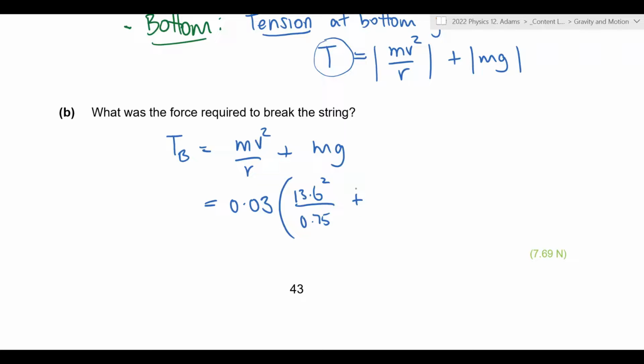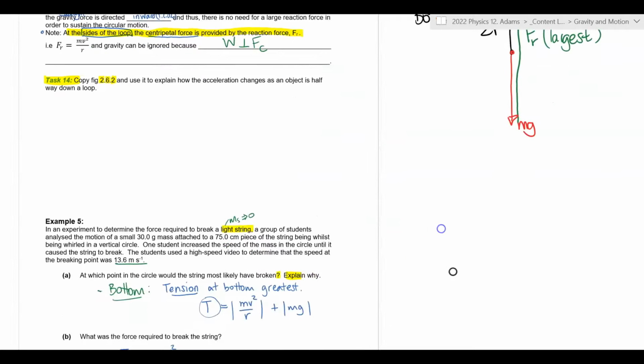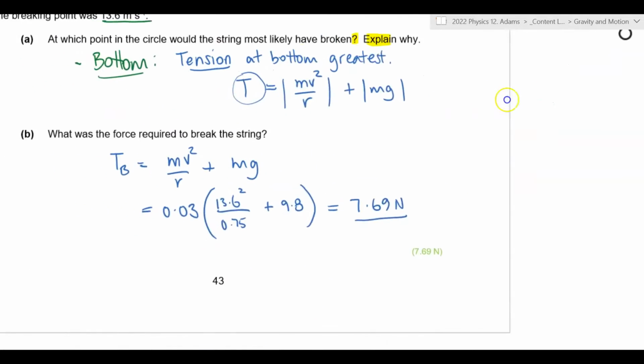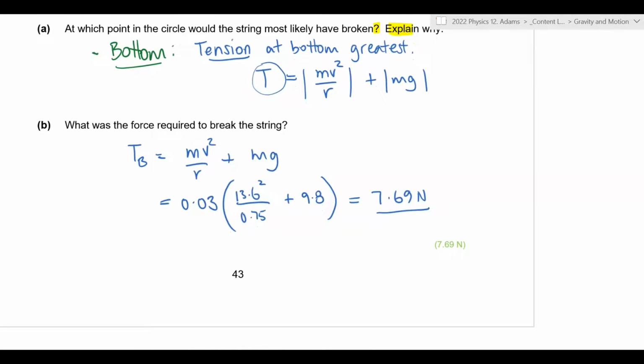Okay, and then simply plus 9.8 because we've factorized for our mass. And crunch those numbers and we get 7.69 newtons. And there's two ways we can talk about the tension, the force. Because it's a force, it needs direction.